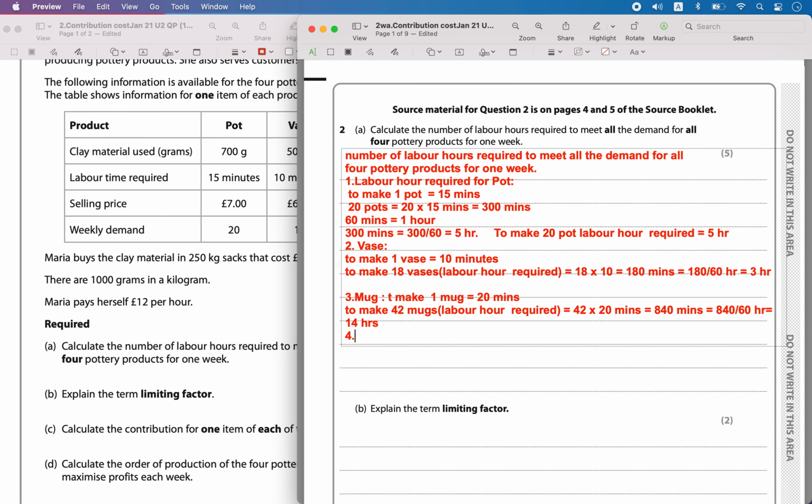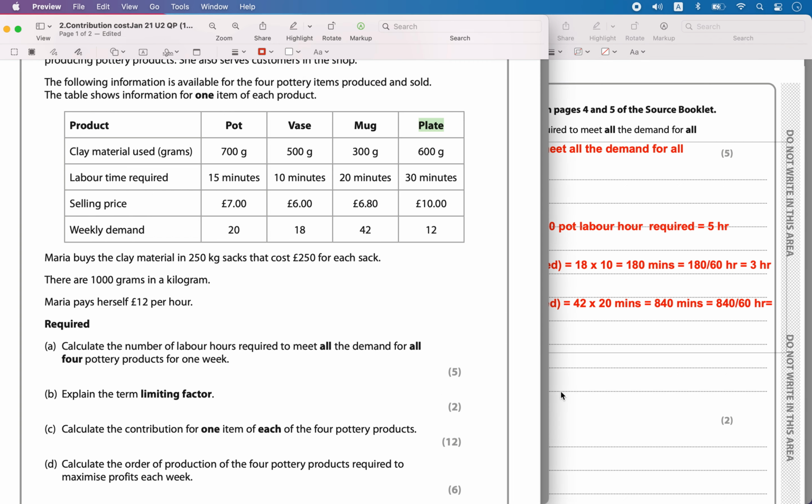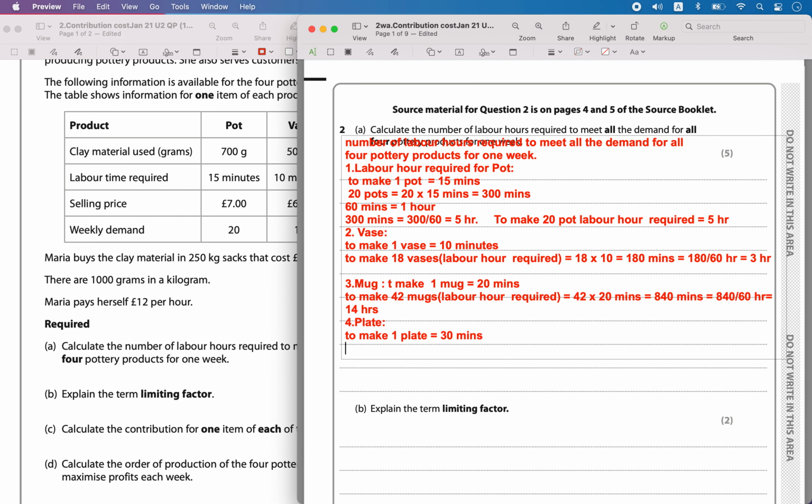What is the labor hour required for the plate? To make one plate she requires 30 minutes.